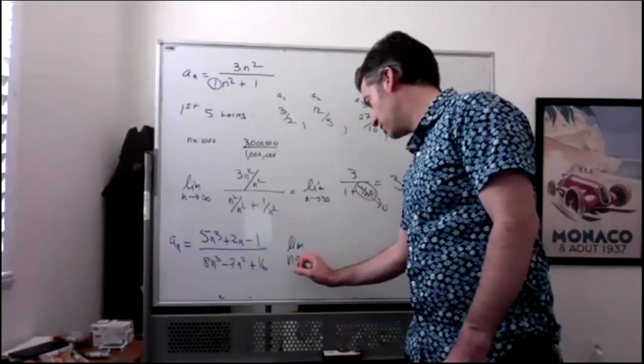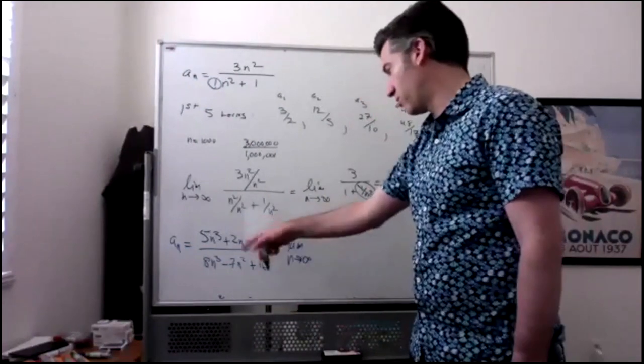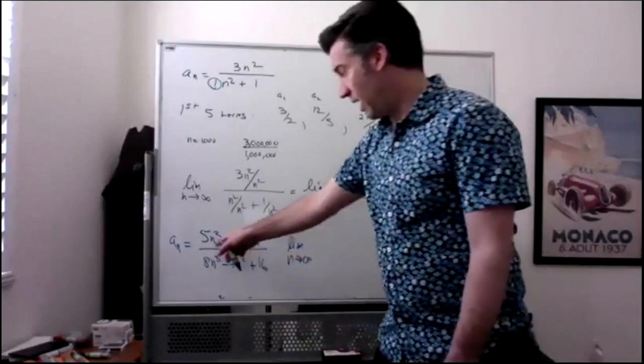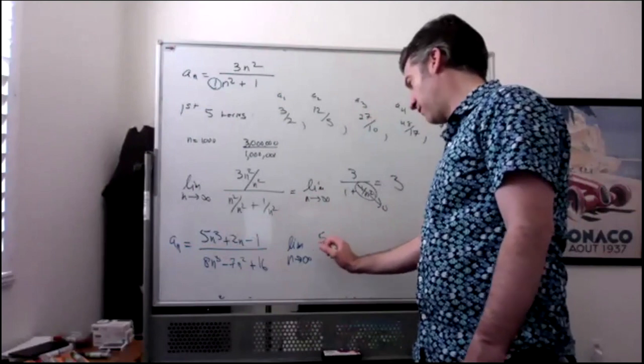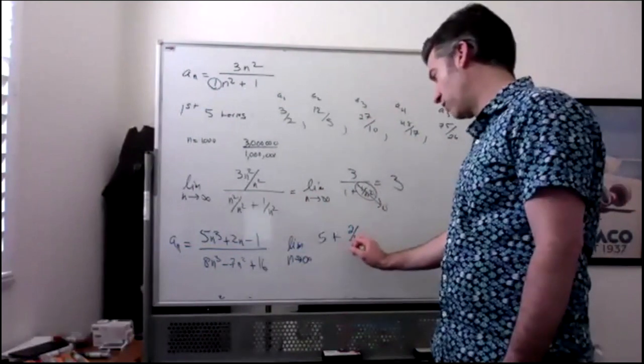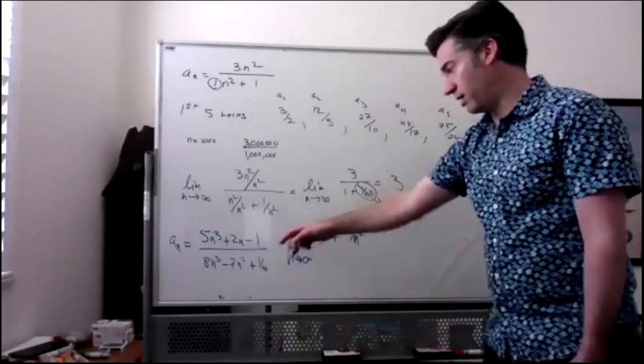So the limit as n goes to infinity of this expression, I'm going to divide everything by n cubed, and I'm going to do it fast. 5n cubed divided by n cubed is 5. 2n divided by n cubed, one of the n's cancels, and I get 2 over n squared. Minus 1 over n cubed.